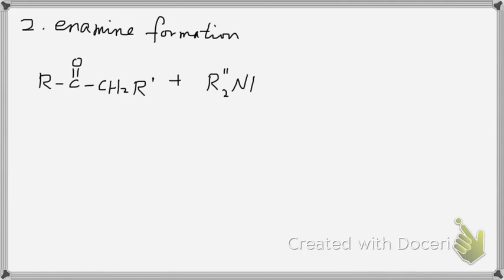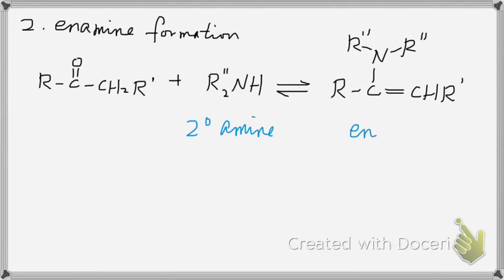The next reaction is called enamine formation. The only difference between imine and enamine formation is that in the imine formation we have primary amines, while in the enamine formation we have secondary amines.